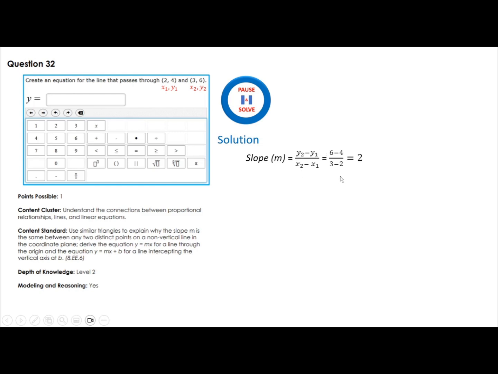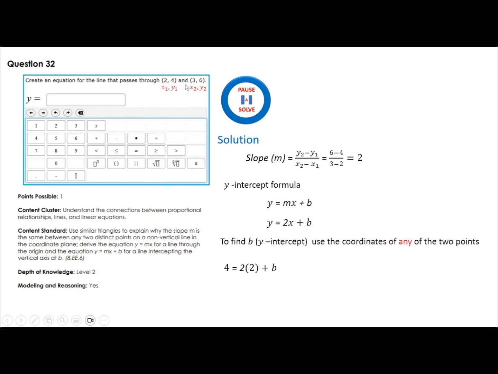Delta y over delta x, sometimes they call it. You get slope 2. Now you use one of these points to find the equation. Slope-intercept formula is y equals mx plus b. y equals 2x plus b, because the slope is 2. Now I need to find b. I use one of these points.